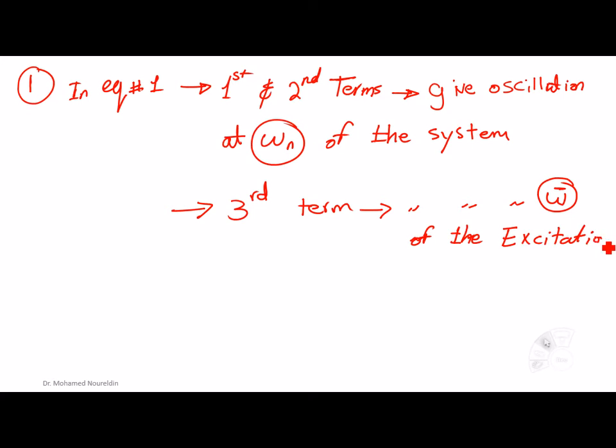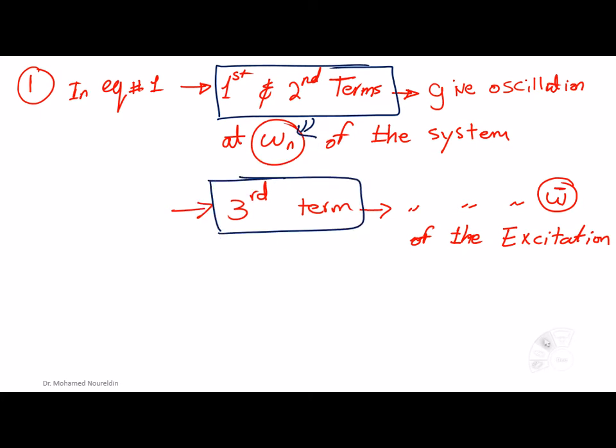So we have two different parts, and each part has its own unique main parameters. The first and second terms depend on the natural frequency of the system. The third term depends on the forcing frequency of the excitation. So this is the first hint.